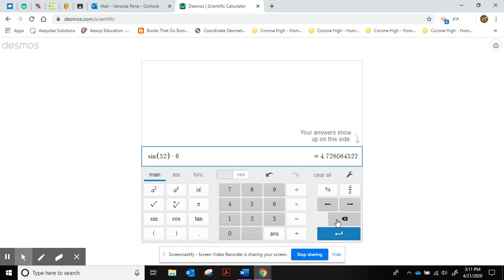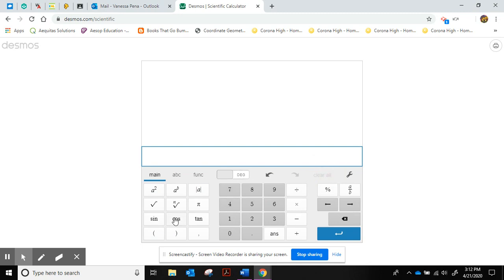Notice that if I were to not close the parenthesis and I were to multiply that by 6, you get a completely different answer than the one we just previously got. So you want to make sure that if you are multiplying by some number to that sine of the angle that you're looking for, make sure that you click that parentheses, which are down here at the bottom, and multiply by whatever number you want to multiply it to.